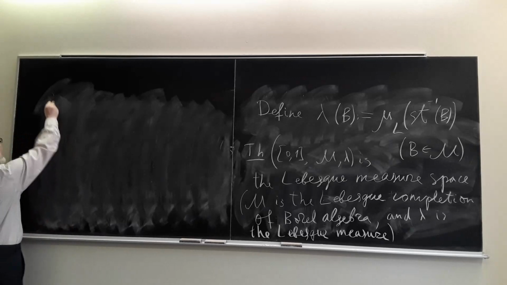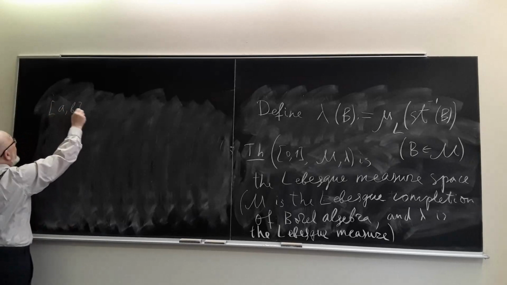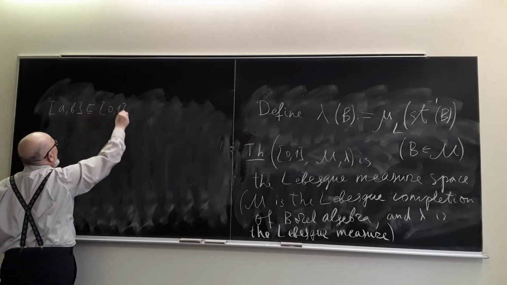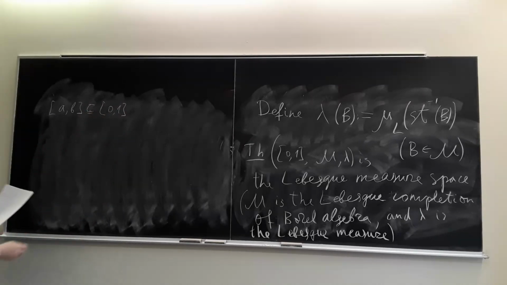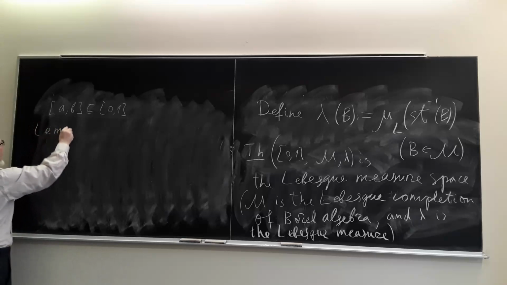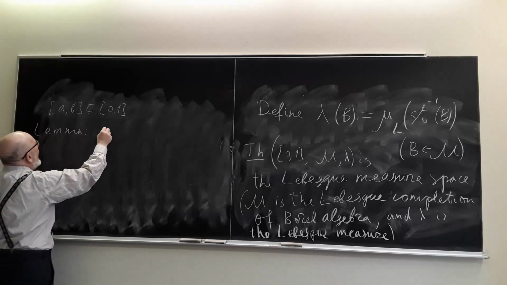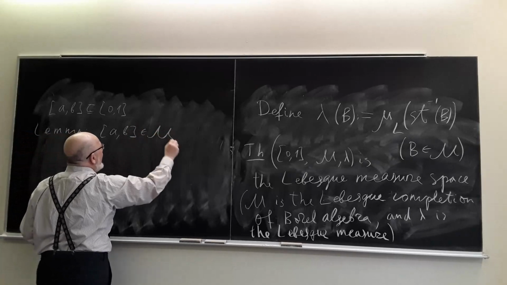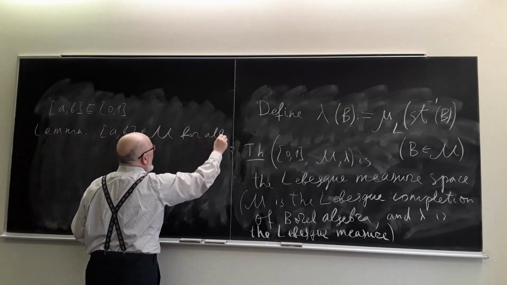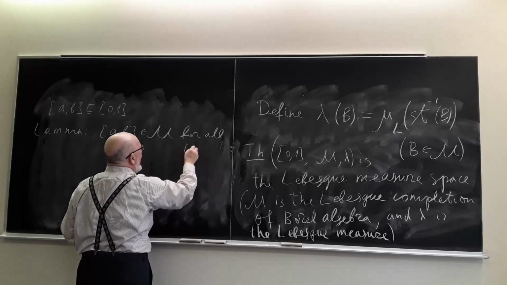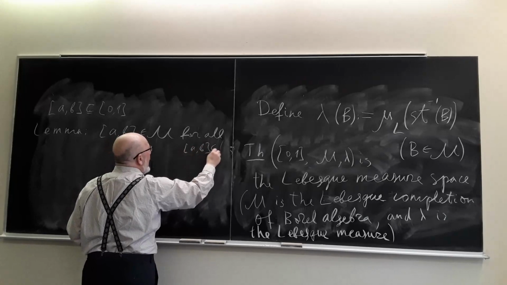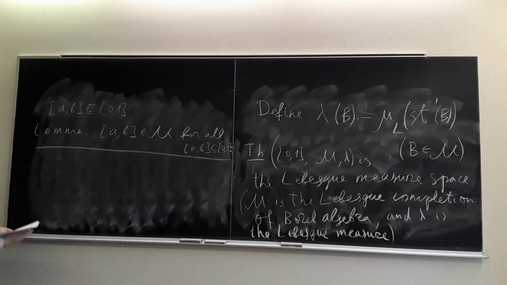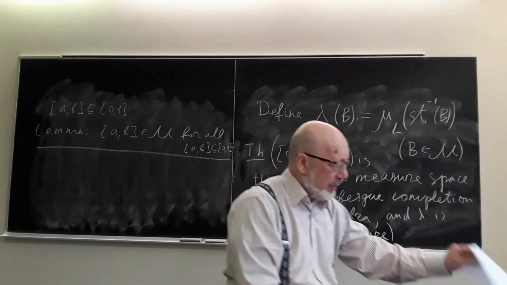If you have the segment [a,b] in [0,1], then this segment is in M for all a, b in [0,1].